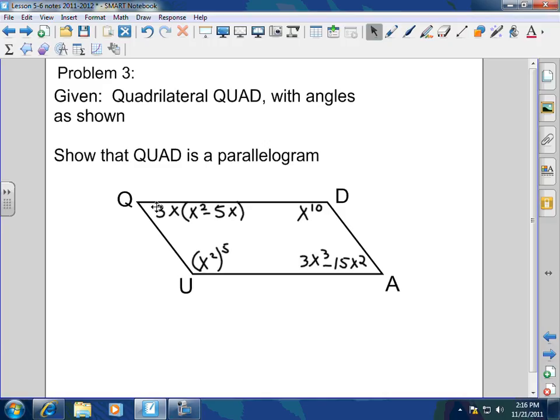No, that's not right. You haven't proven that Q is equal to A yet.